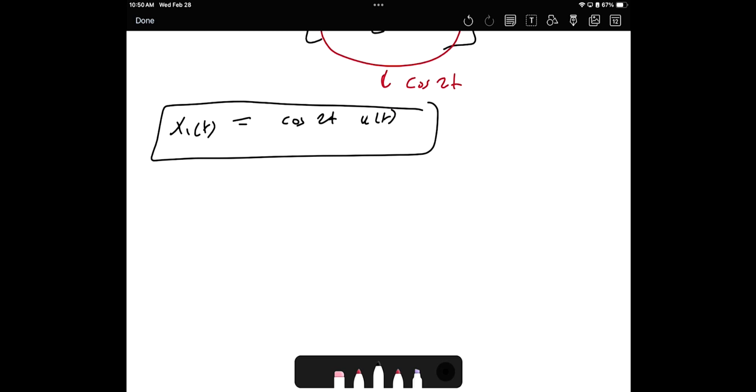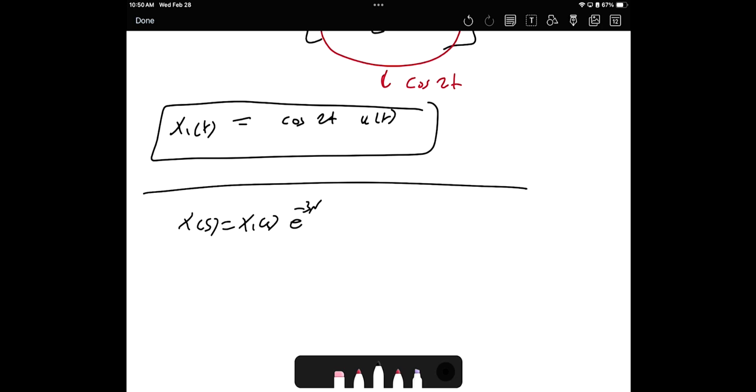Recall our question: X of s equals X1 of s e power negative 3s. According to the time shift property, x of t will be x1 of t minus 3, u of t minus 3. Now we substitute every t by t minus 3.